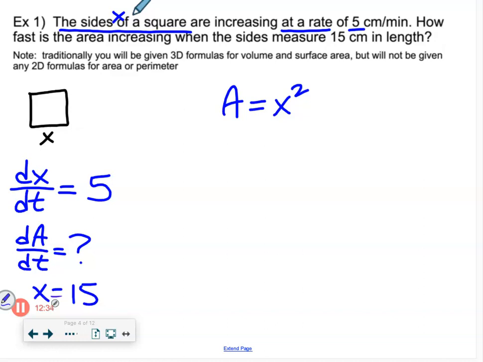If you plug in the dimensions you're given, first of all, is this square, like we say when x is 15, is x always 15? Is the square just sitting there with a side length of 15 and it stays static? No, it's changing, right? We want the rate at this moment that x is 15.